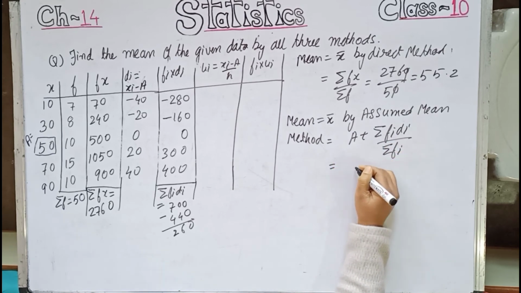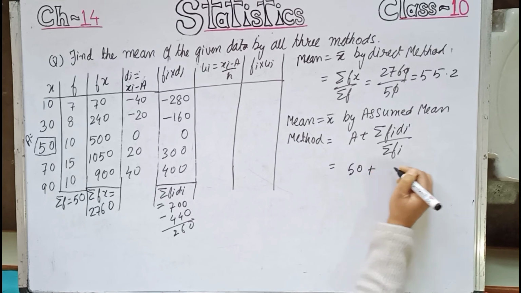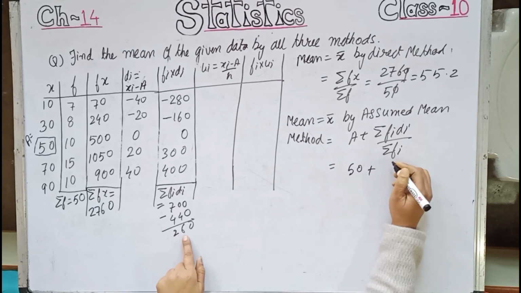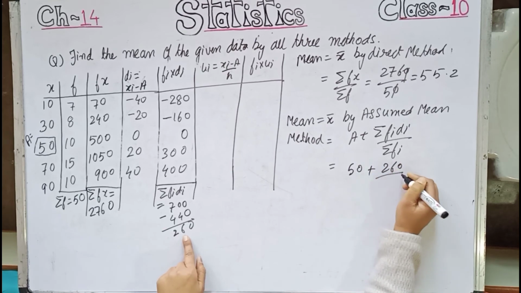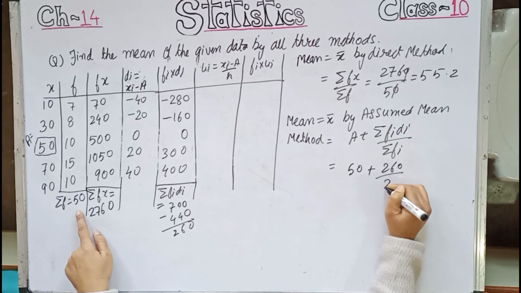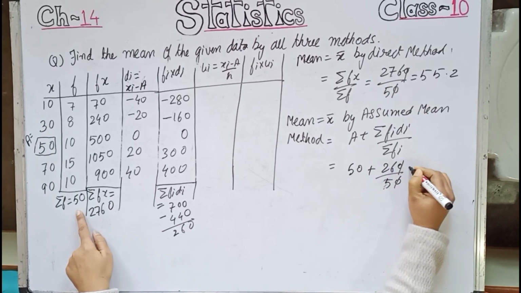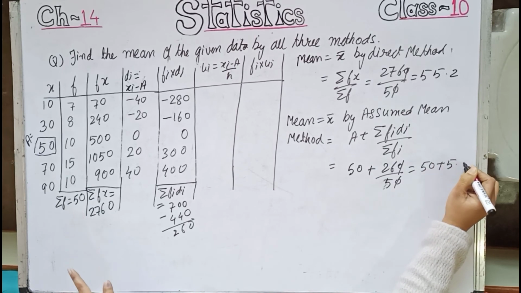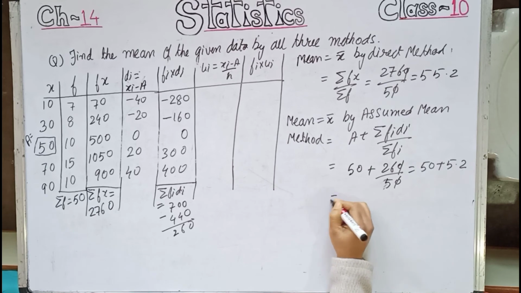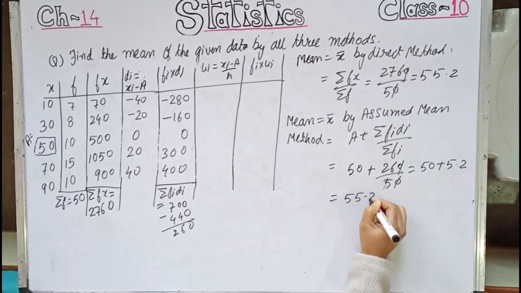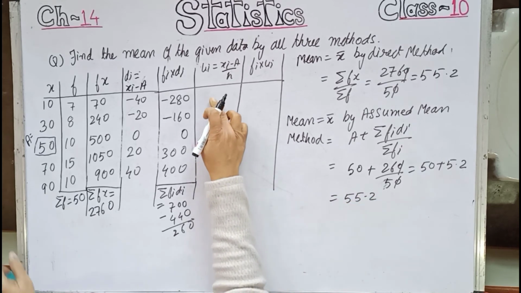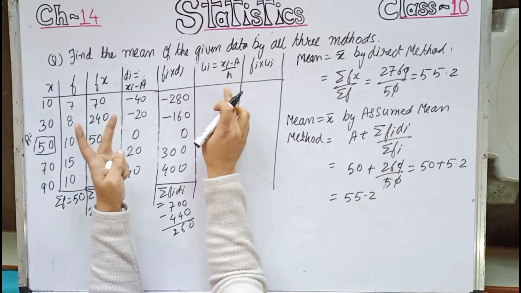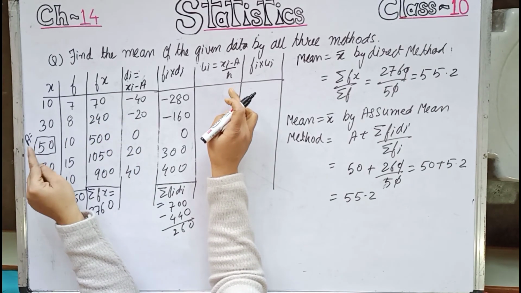So a is 50 plus summation fi into di, which is 260, by summation fi, which is 50. So this will be 50 plus 5.2, equals 55.2.